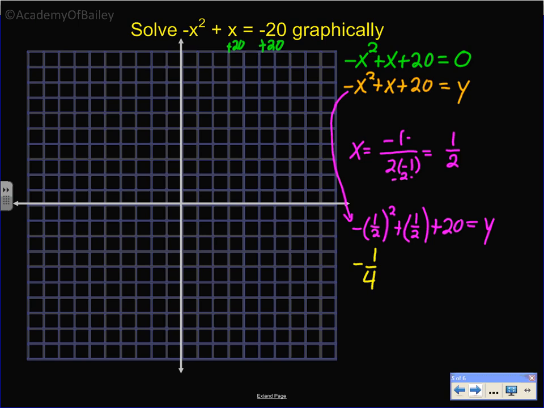Well, I know 1/2 has to have a denominator of 4, so I'm going to switch it to 2 over 4. And since we have 20 over 1, we're going to make it with a denominator of 4. So I had to multiply the 1 by 4 to get 4, and so I should also multiply the 20 by 4 to get 80.